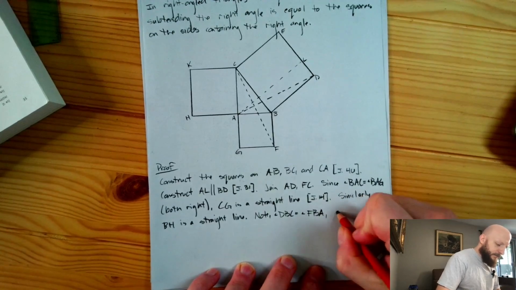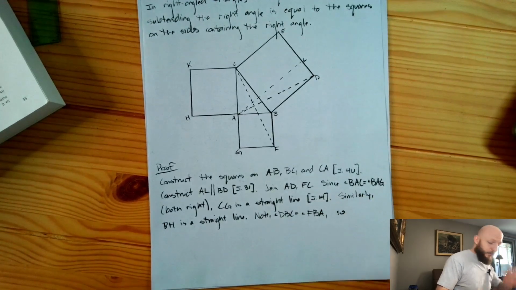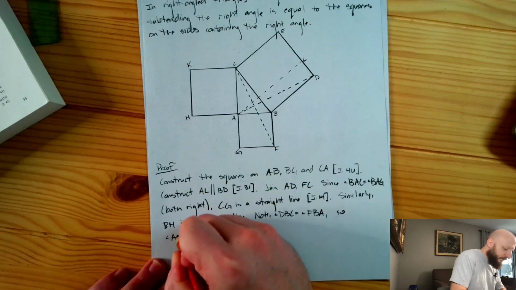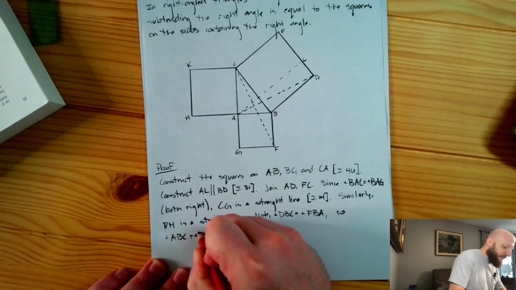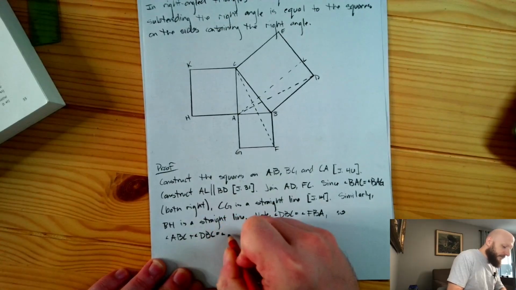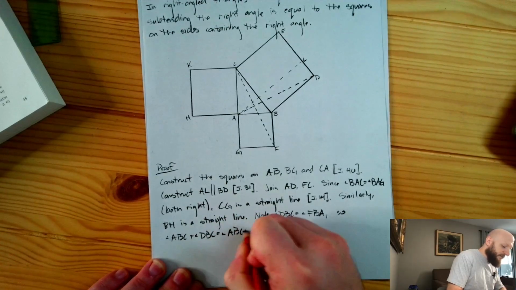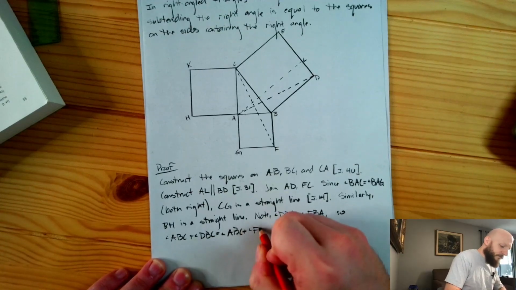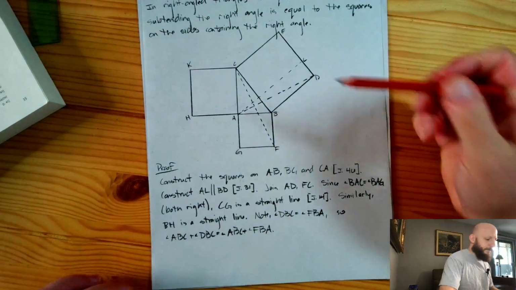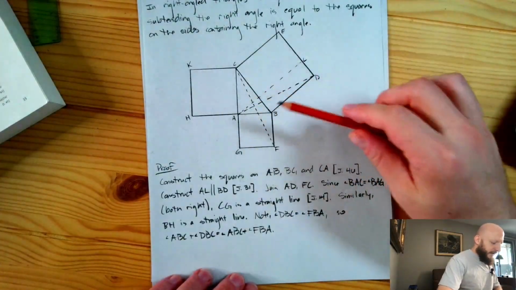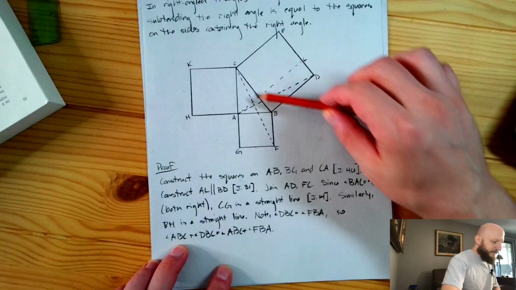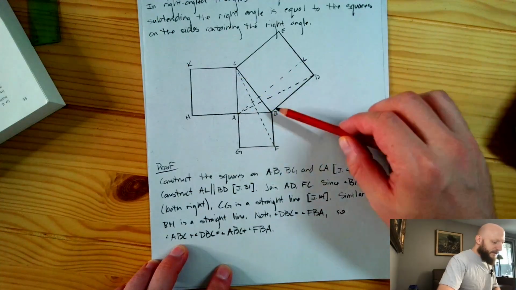by construction. So adding ABC to both sides, angle ABC plus angle DBC equals angle ABC plus angle FBA. Okay, but let's look at that. So ABC is right here plus DBC.